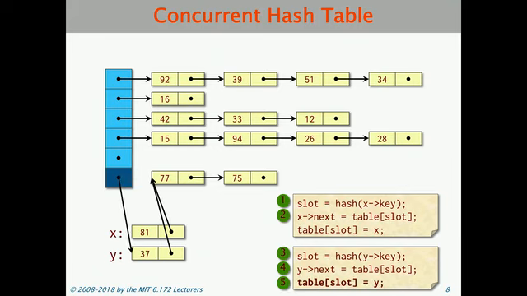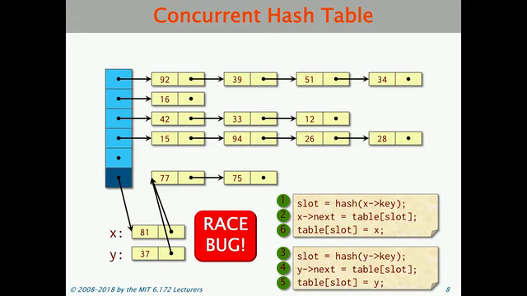And then it sets the value of the slot to point to y. And then along comes x, finishing off what it's doing, and it points the value to x. And you can see that we have a race bug here, a really nasty one, because we've just destroyed the integrity of our system. We now have, in particular, y sort of floating, not in the list when it's supposed to be in the list, right?